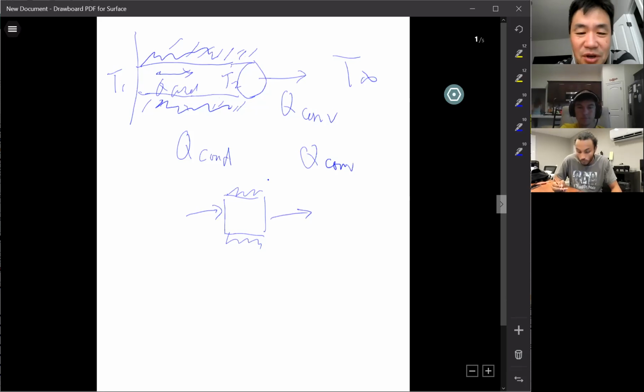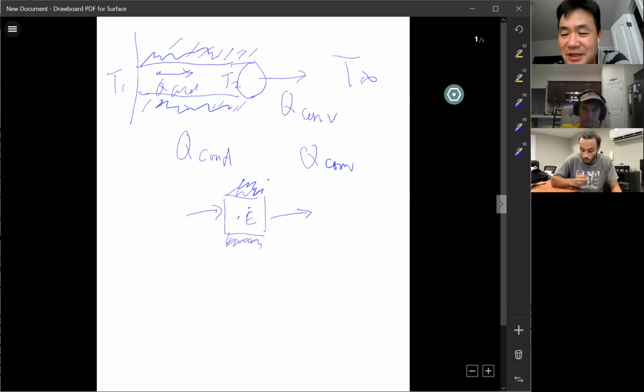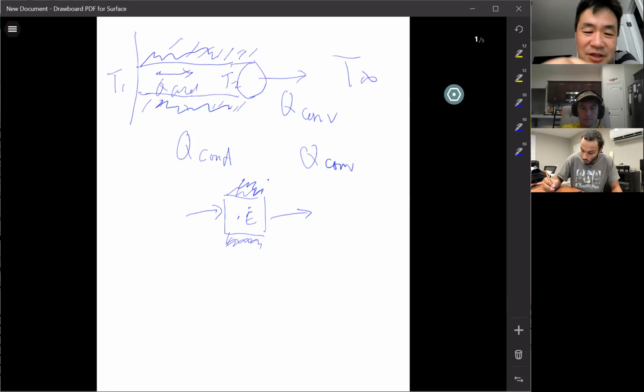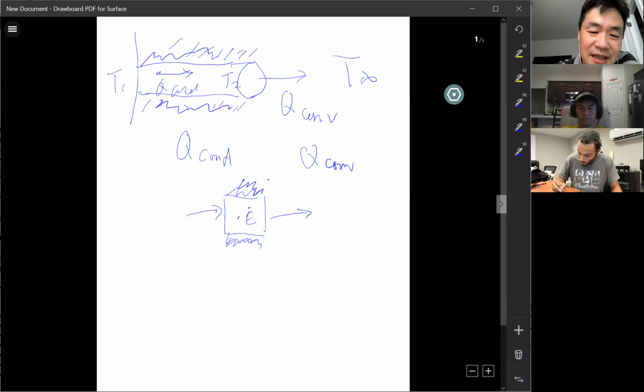This is the volume, right? Then you have energy generation. Let's say it's insulated at the top and bottom, so simplify it to 1D energy transfer. Energy in, energy out.